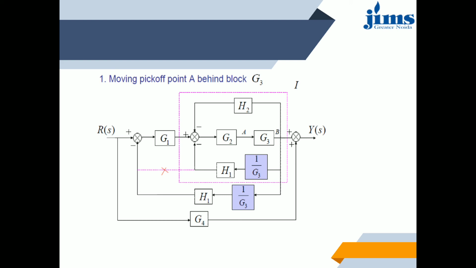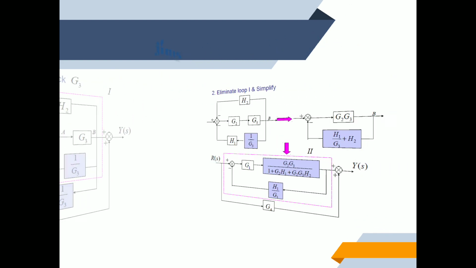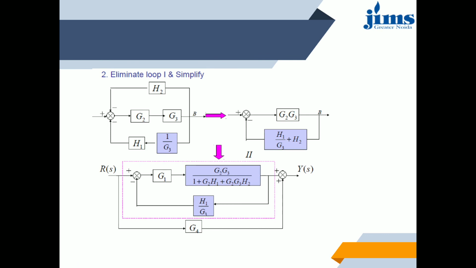Next we eliminate this closed loop. When you eliminate this closed loop, we have G2 G3 and the feedback H1 divided by G3 plus H2, and again we have this loop.